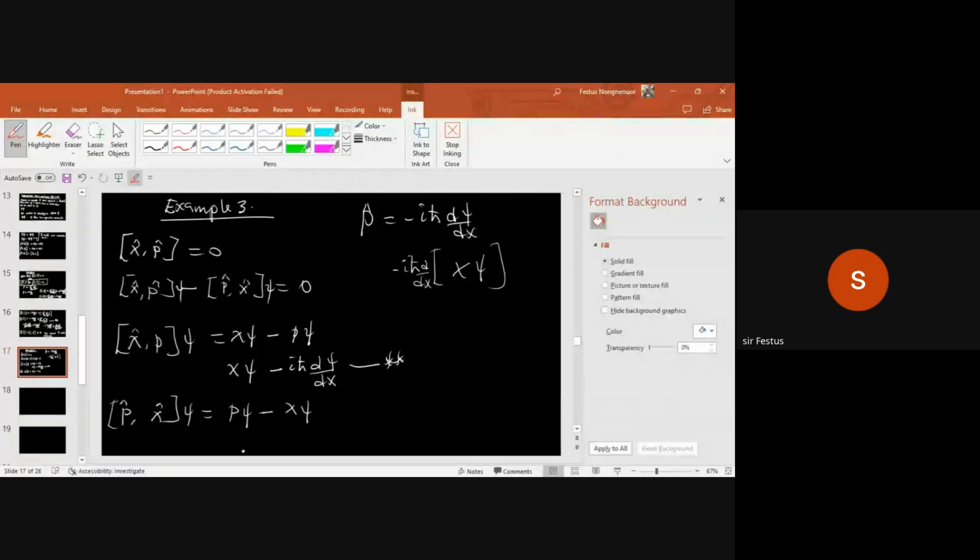So this will be minus iH d of psi on the X, then minus X of psi.